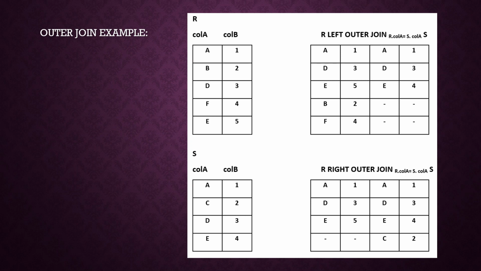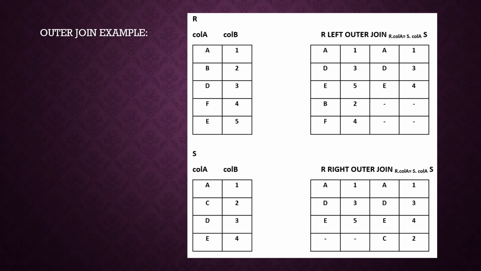See the outer join examples. Here left outer join is there, right outer join is there. Two tables R and S: R has A1, B2, C3, D3, F4, E5, and S has A1, C2, D3, E4.